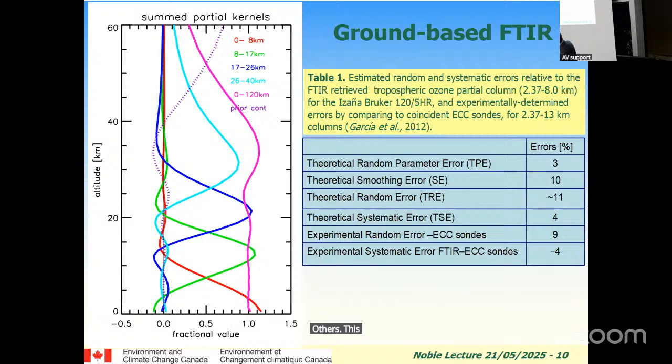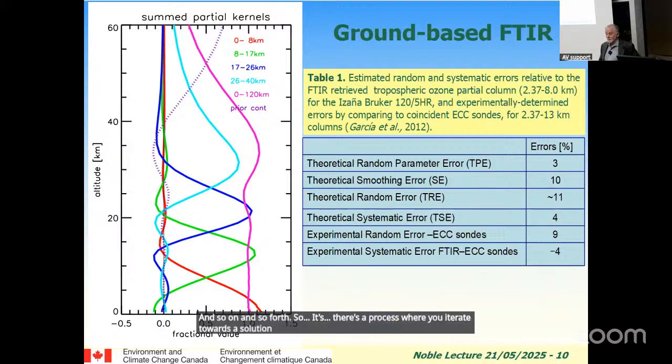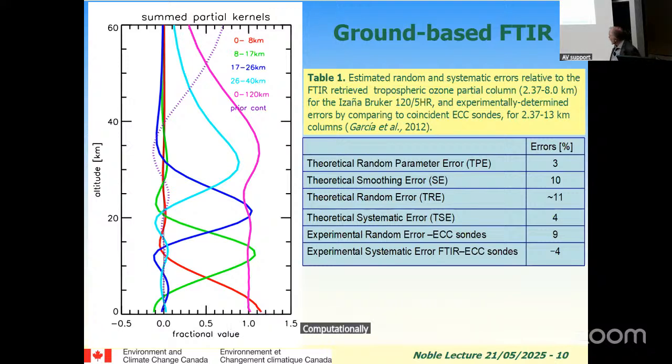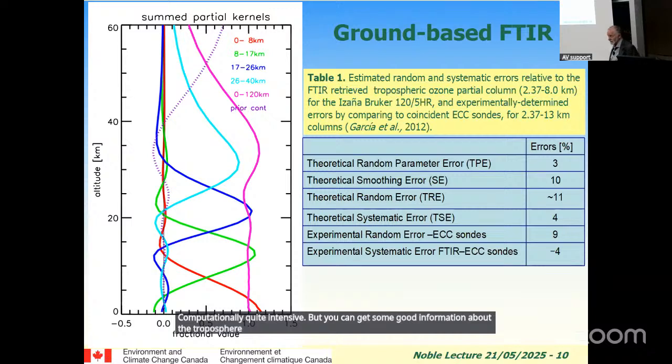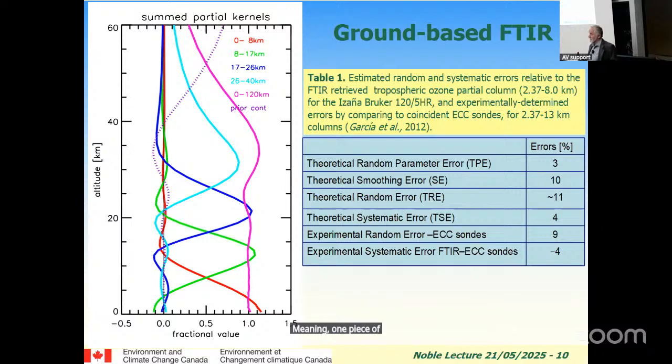This one here gives us some information in the troposphere, as you can see. And this one is sort of lower stratosphere around the tropopause, and so on and so forth. So there's a process where you iterate towards a solution. It's, again, computationally quite intensive, but you can get some good information about the troposphere, about 1 degree of freedom there, meaning one piece of independent information.